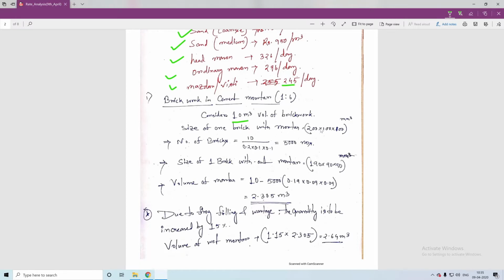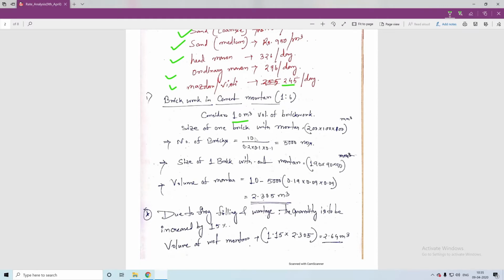I already know is the nominal size of the bricks. If you want to take the actual size of the brick as per your site, in your practical example, you need to measure at least 10 to 15 bricks and take the average, that is length, breadth and height.